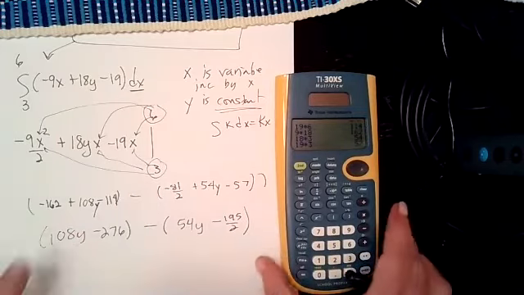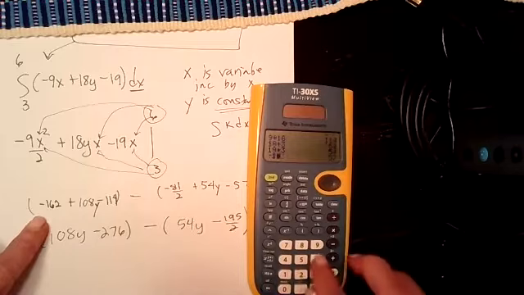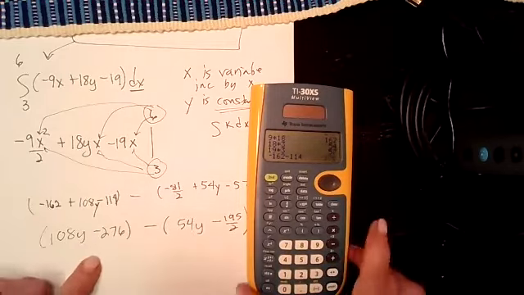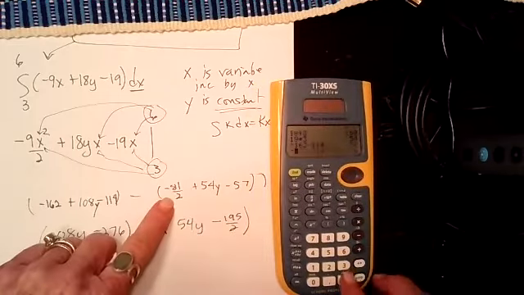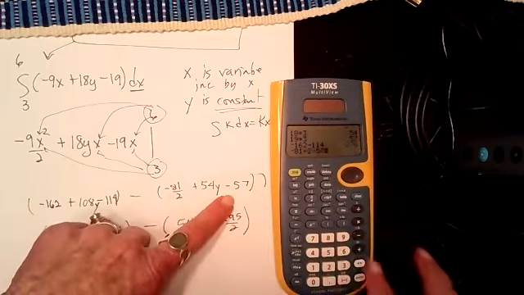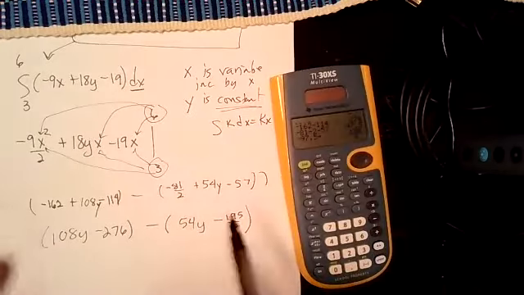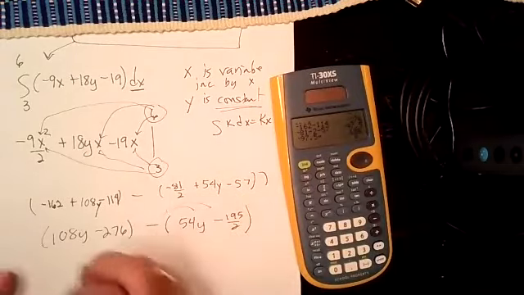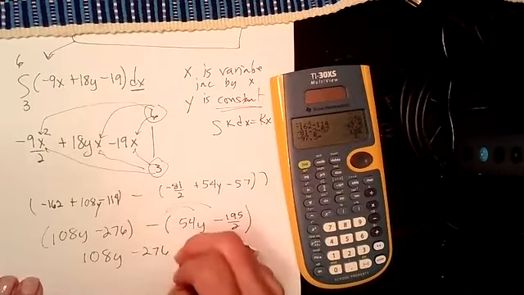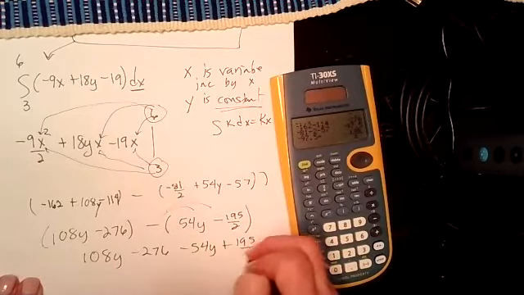And then I combined negative 162 minus 114, negative 276. And then I combine negative 81 divided by 2 minus 57. I know, just bear with me. So minus 195 over 2. Now I'm going to distribute my negative. I get 108y minus 276 minus 54y plus 195 over 2.